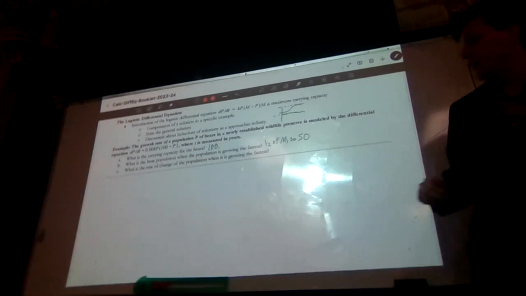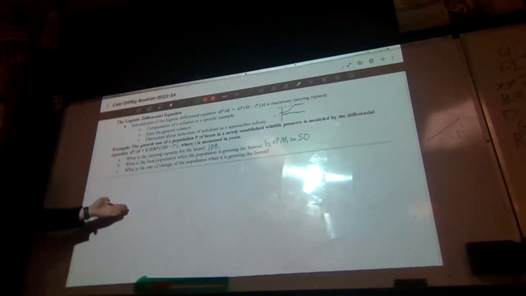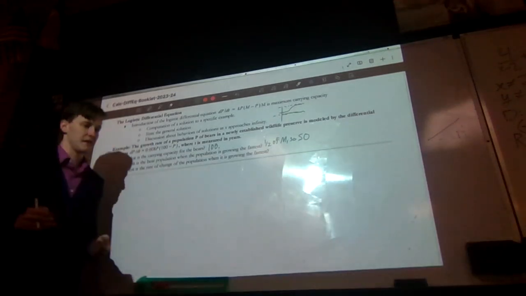Now, let's ask ourselves, what is the rate of change of the population when it's growing the fastest? Well, now all we have to do is take this differential equation and input 50. So therefore, I'm going to get dP over dt, or we can input 50 into there, is equal to 0.008 times 50 times 100 minus 50, which is 50, equals 12.5.